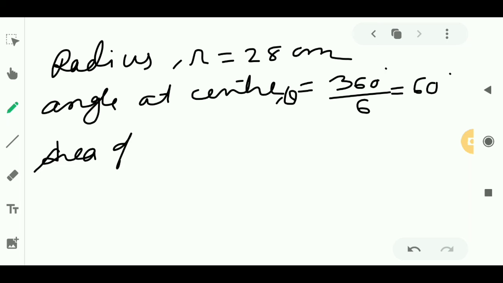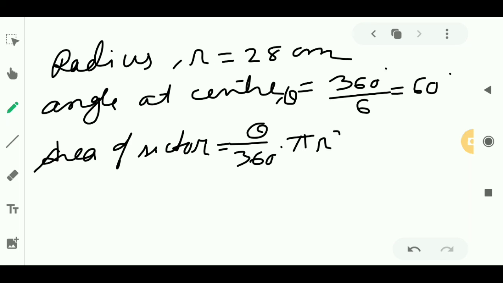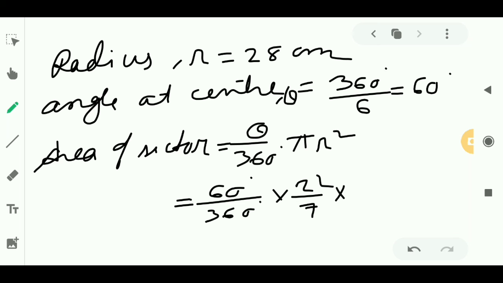Area of sector is theta by 360 pi r square. Theta is 60 degrees, 360. Pi is not mentioned, so 22 by 7. R will be 28 into 28 centimeter square.